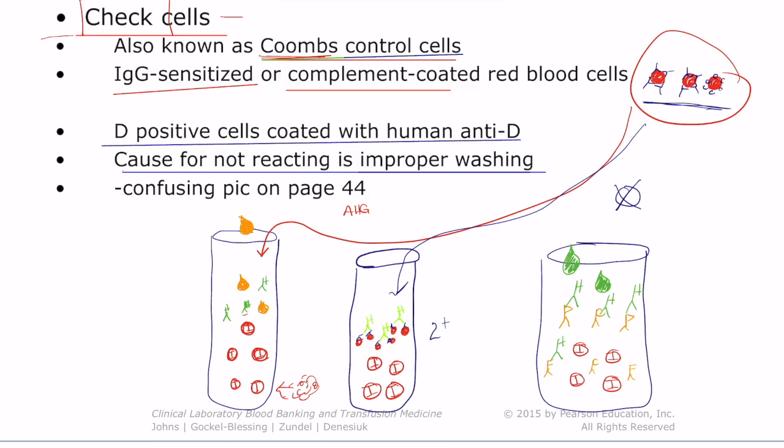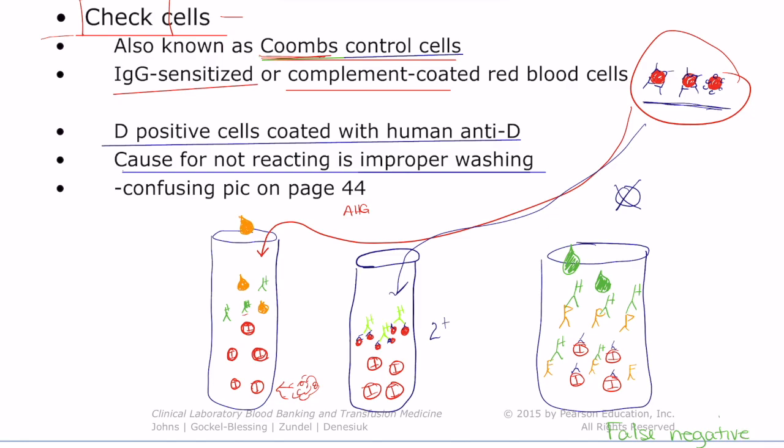Well, if they bind to the extra ones we don't care about, there's none left to bind to the ones that we might actually care about. So it's essentially used all of our anti-human globulin up, and we will get a false negative. And that would be bad.